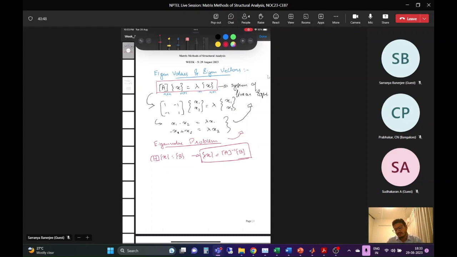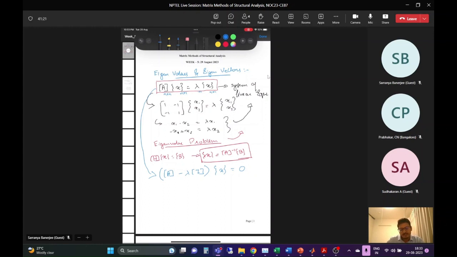But here you can see one very important observation: there is x on both sides. If we write it in another form, we have (A minus lambda I) x equals 0.